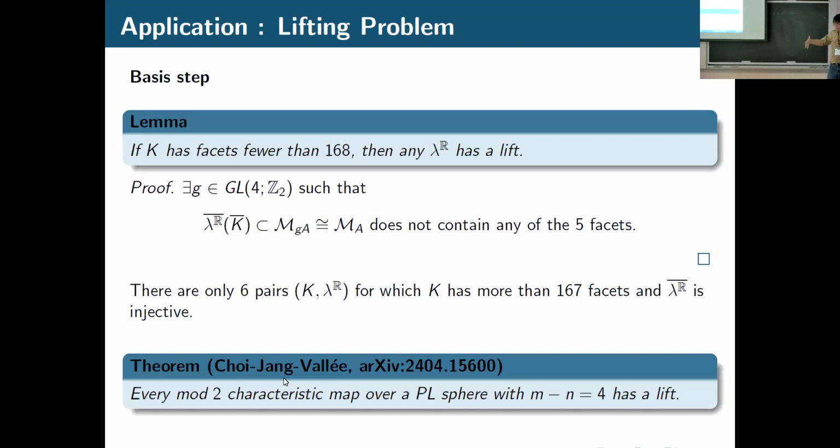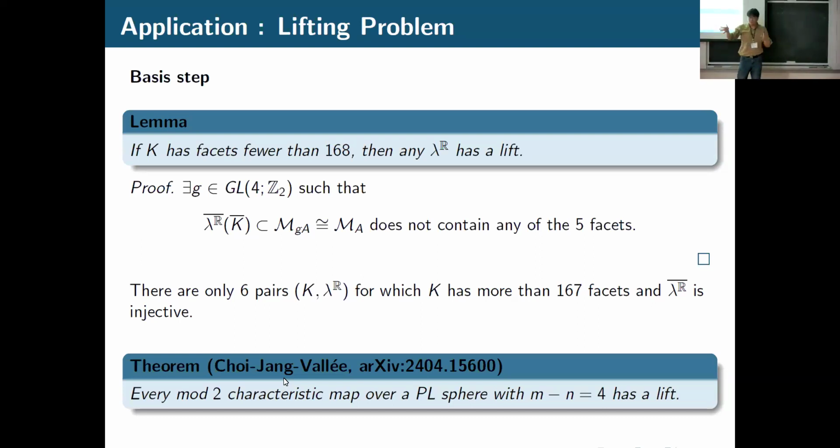In the base step, we have to see which ones have more than 167 facets and the dual characteristic map is injective. We have to check it, but fortunately, we have the list, right? So we can check every case, and we find that there are only 6 pairs.